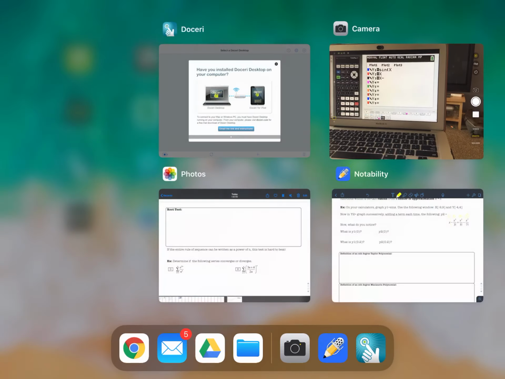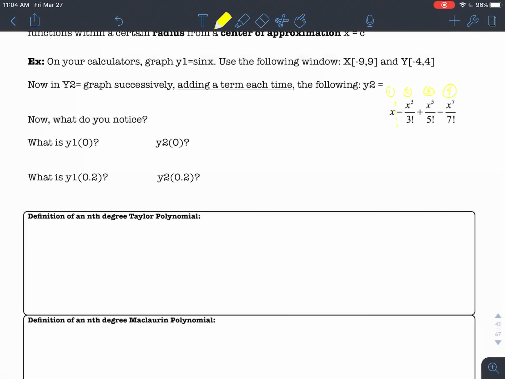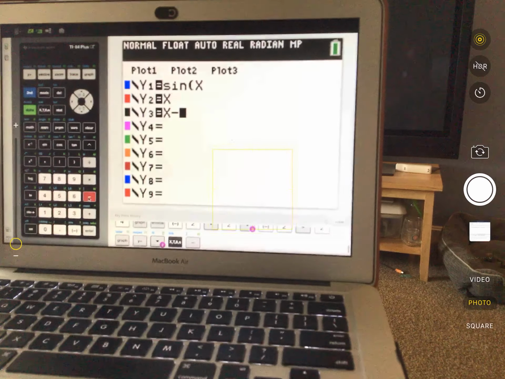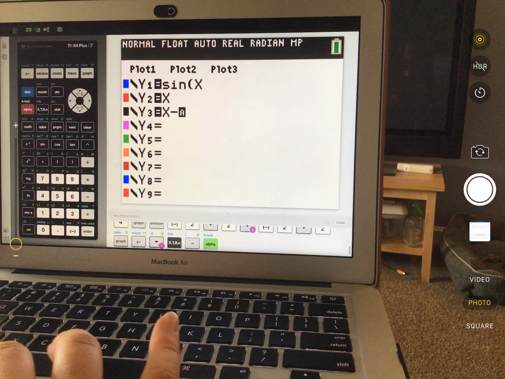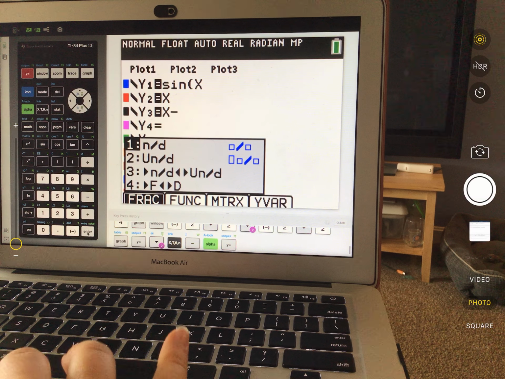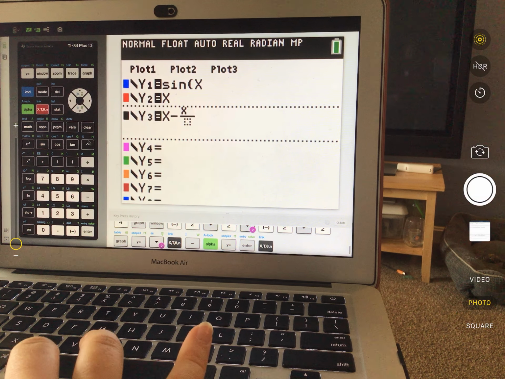So then I'm going to go back, and in y3 now, I'm going to put the next term in. So we have x minus, and then our next term was x cubed over 3 factorial.